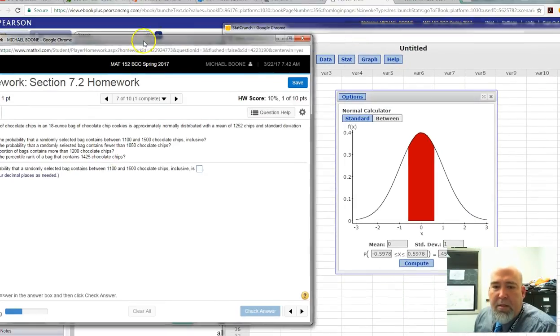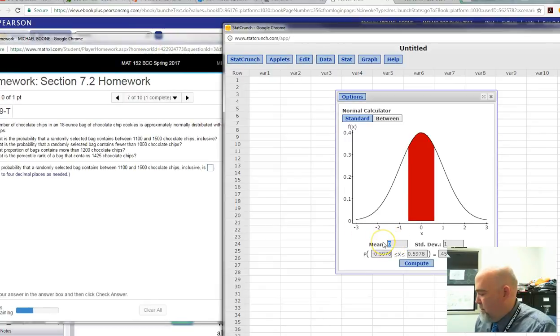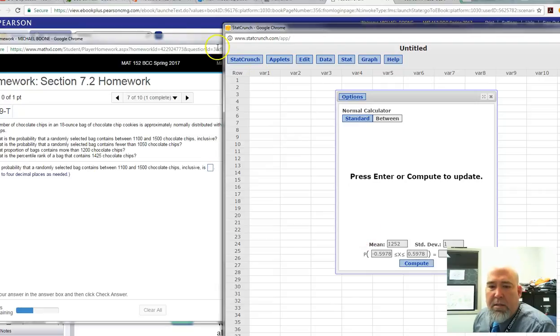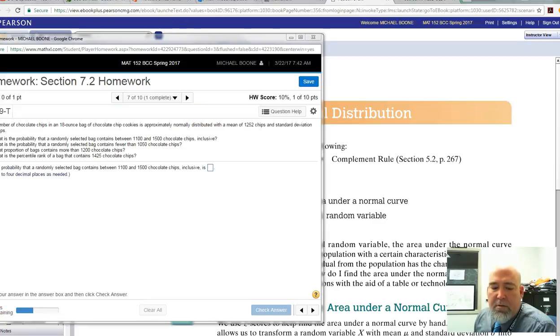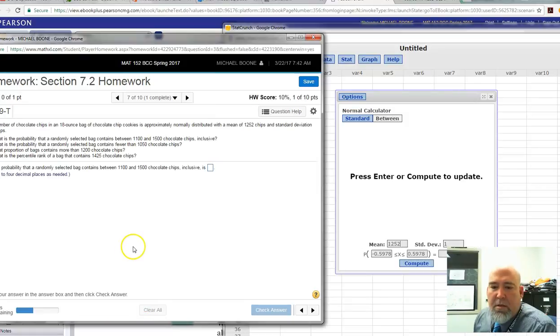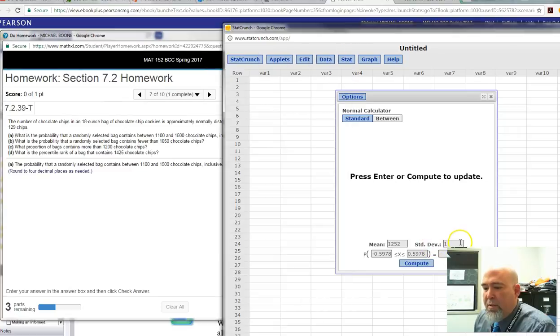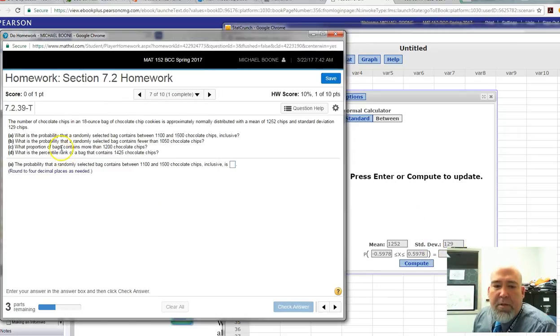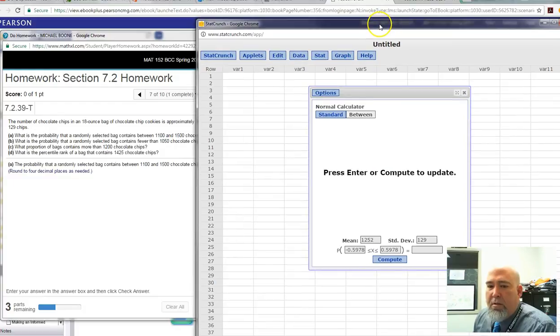So now, if they want to know between 1100 and 1500, those are the values that go right in here, in the between.